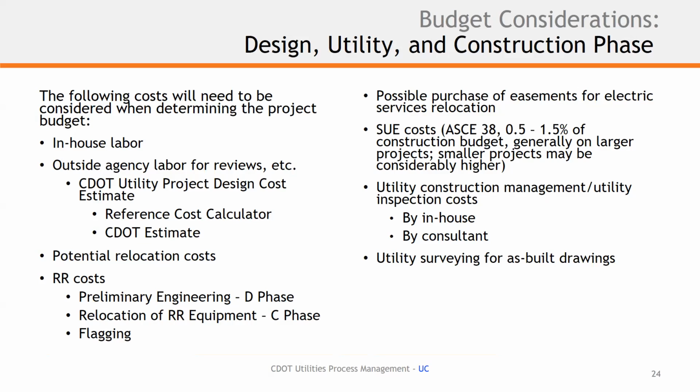And then considering utility surveying for utility as-built could also be a consideration at this point, wondering whether or not it's going to be one of the CM staff from above, or is it going to be a construction surveyor identified to maybe a 625 spec, a change in our survey requirements to have the construction surveying team do the as-built. So anyway, just asking those questions now helps earmark the budget for later activities that are definitely necessary for utilities.